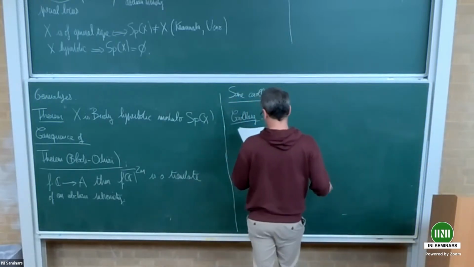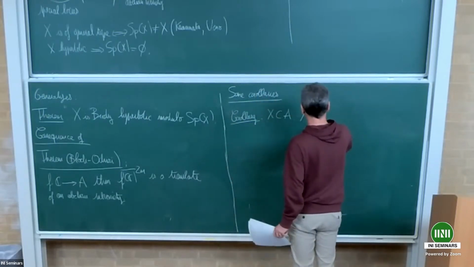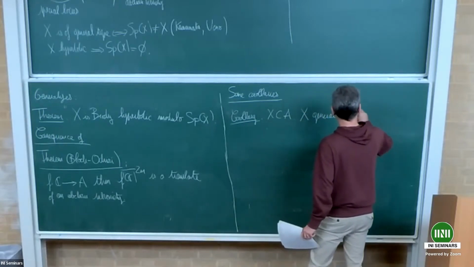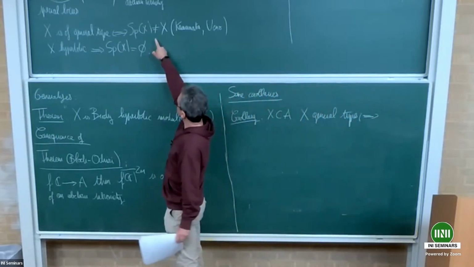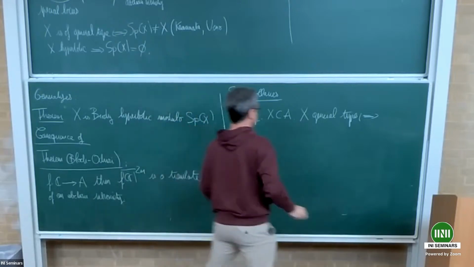So X in A, then we have that X is of general type, which by Ueno-Kawamata is exactly that the special locus is not X itself.